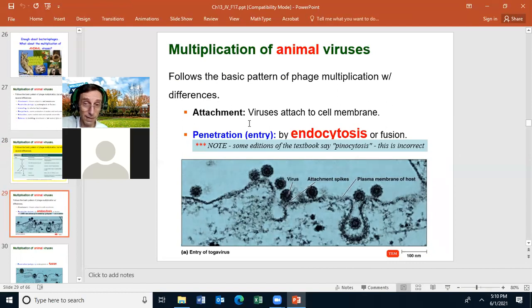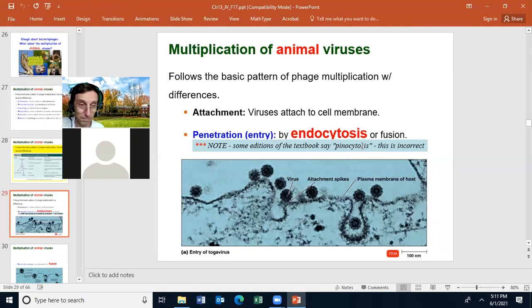The virus will attach to the cell membrane, and then it's brought into the cell either by penetration or by endocytosis or fusion. Fusion is that the envelope of the virus fuses to the cell membrane, and then they become one.